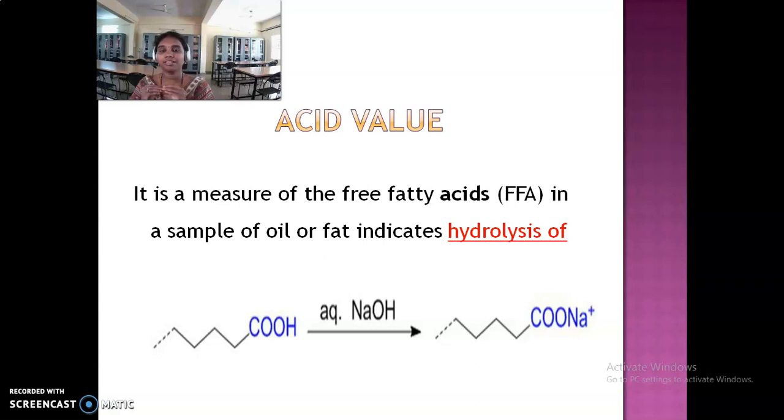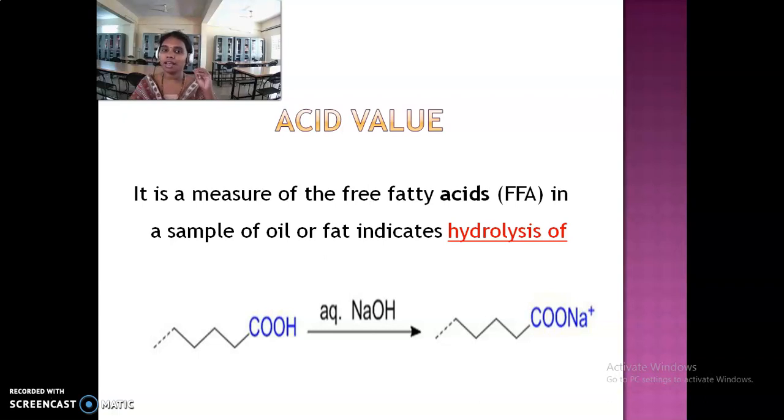So we are going to estimate the amount of free fatty acid present in the sample. You take potassium hydroxide and react it with the fat or oil. The amount of potassium hydroxide reacted is estimated, and by the estimation of potassium hydroxide or sodium hydroxide, we find out the acid value.